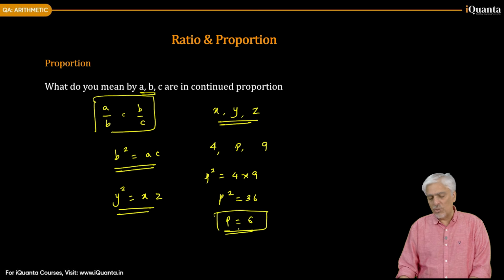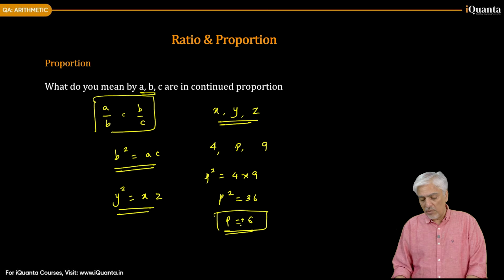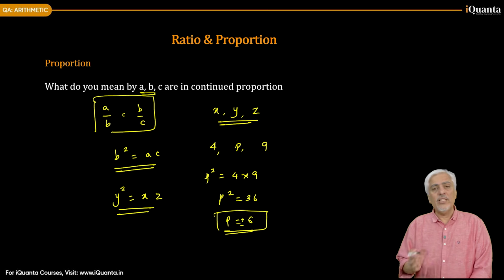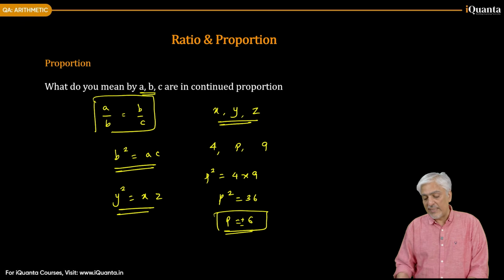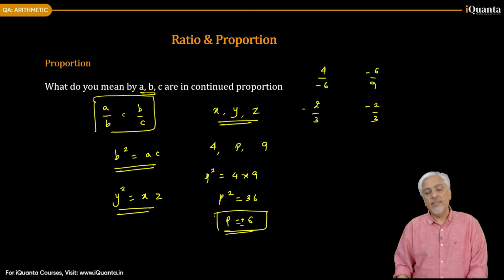Let's now concentrate on only 6. It can be plus or minus also. There is no problem over here for it being minus also. The ratio will still remain the same. Even if it was minus 6, then 4 upon minus 6, which converts to negative 2 upon 3, is the same as negative 6 upon 9, which is also negative 2 upon 3. Both the ratios are equal.